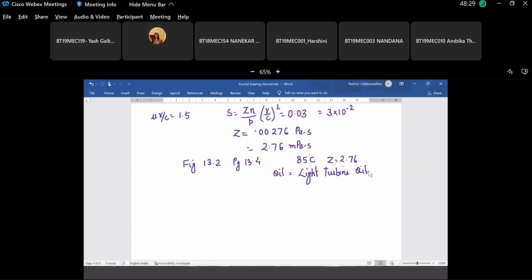Now we have to check whether this is working as a thick film lubrication, or whether it is satisfying the hydrodynamic lubrication condition, for which we want to get H minimum. How do you get H minimum now? How to find H minimum, Kaustubh?